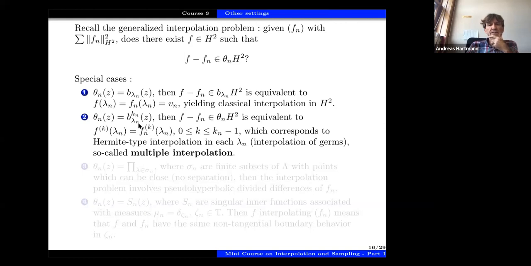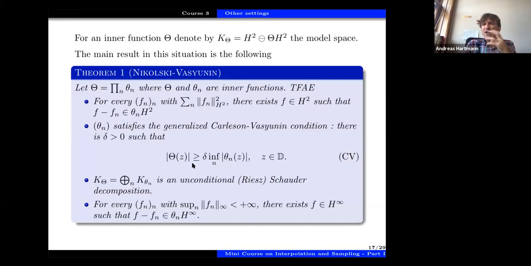So now if you take, instead of a simple Blaschke factor, powers of these, then the interpolation means that f and f_n have the same Taylor expansion until a certain order, the order being given by k_n minus 1, in fact. And so you get Hermite type interpolation. And sometimes this is also called multiple interpolation. You can consider more general situations, which I will not discuss.